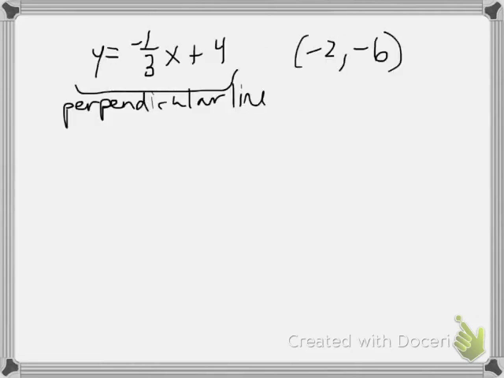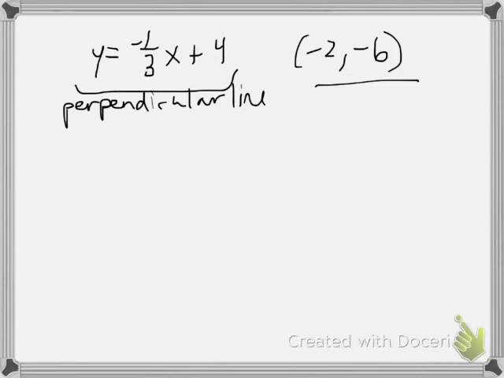What if we go back to the line that we've been messing with, y equals -1/3 x plus 4, and now I say, hey, instead of wanting a parallel line, what if I want the perpendicular line? So I want the line perpendicular to y equals -1/3 x plus 4 that goes through the point -2, -6.